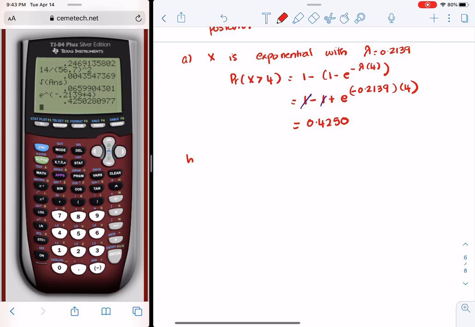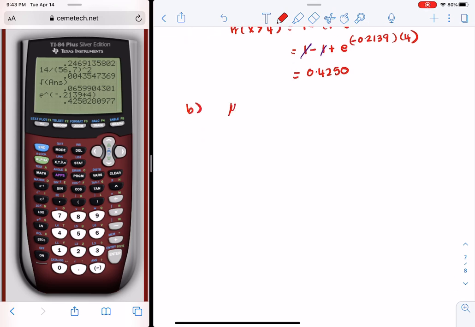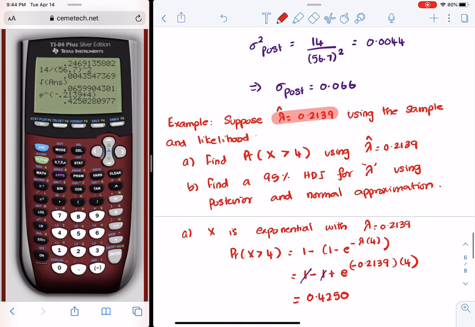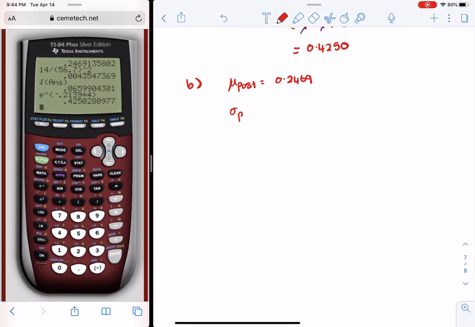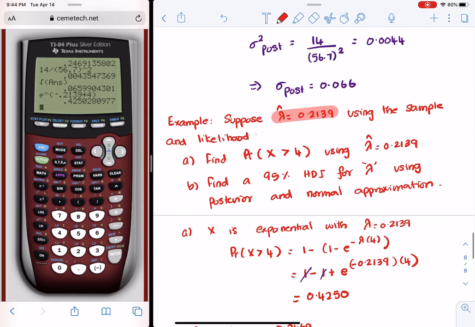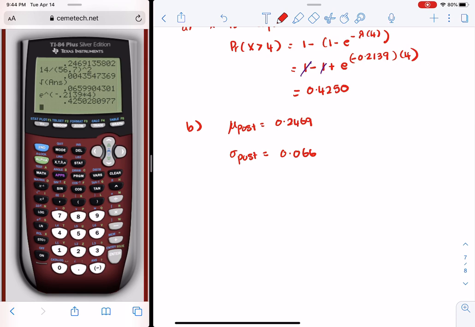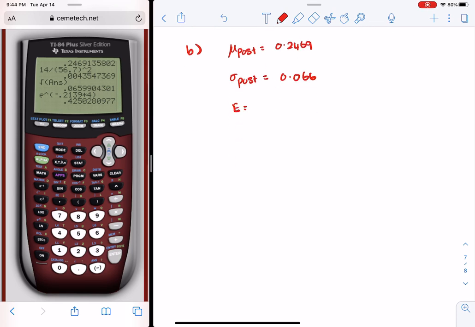Now we want to find a 95% high density interval for lambda using normal approximation. So we know the posterior mean is 0.2469, and the standard deviation is 0.066. So the margin of error would be 0.066, which is the standard deviation of the posterior, multiplied by the critical value 1.96.